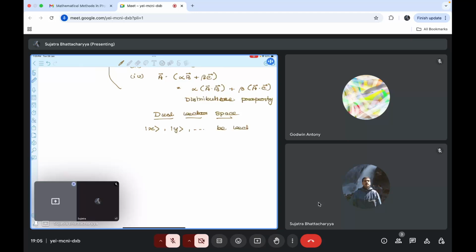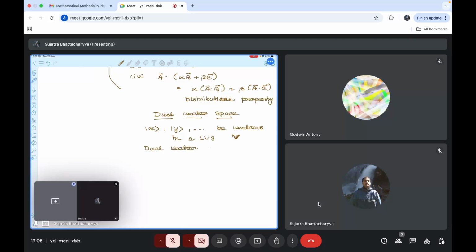We have seen that we have used the ket notation for writing the vectors in a particular linear vector space. So V is the linear vector space. There is a corresponding dual vector space.